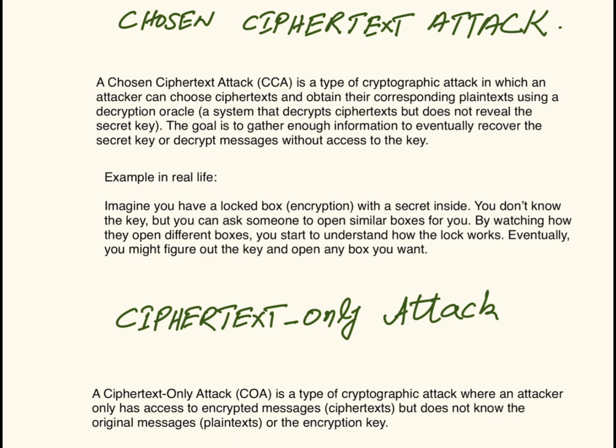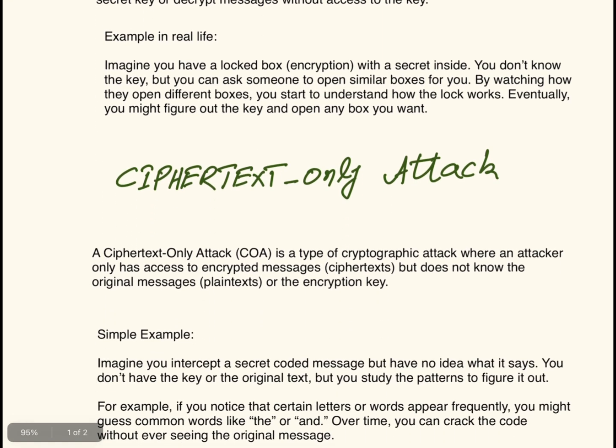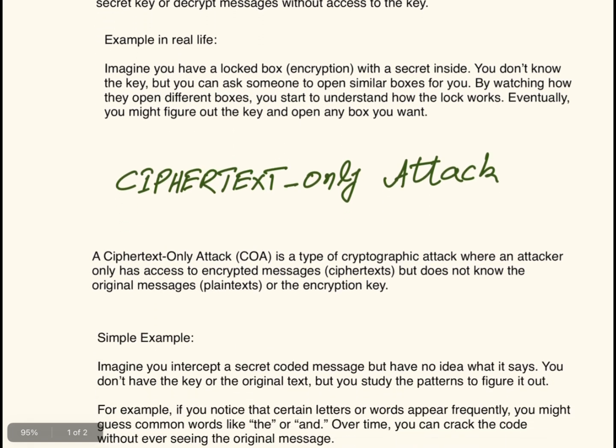By watching how they open different boxes, you start to understand how the lock works. Eventually you might figure out the key and open any box you want. So this is a real-life example which might help us understand a chosen ciphertext attack.